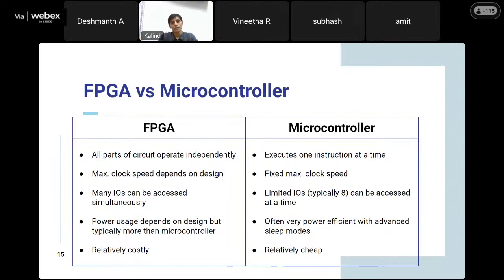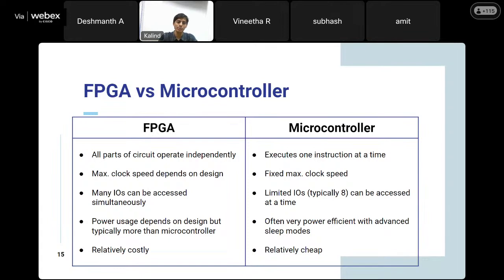Now, in the case of microcontroller, because it is very custom and application specific, the power consumption is very less as compared to FPGA. And also you now have microcontrollers available with various sleep modes. So basically, if your controller is not supposed to do some job in a day, for example, it can go down to a low power sleep mode and then wake up again after some amount of time.